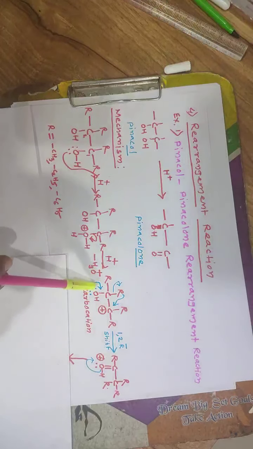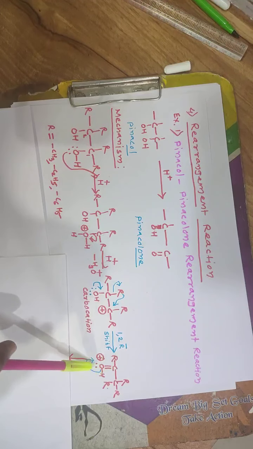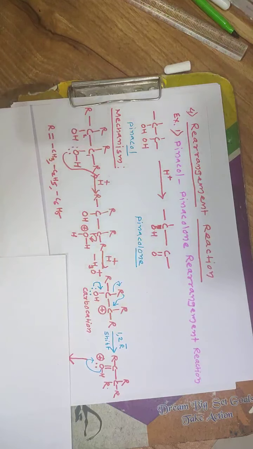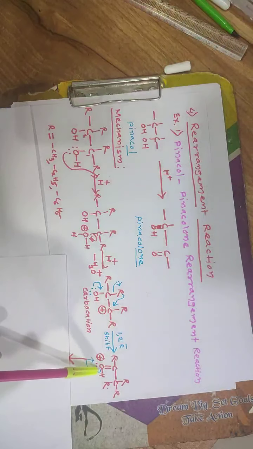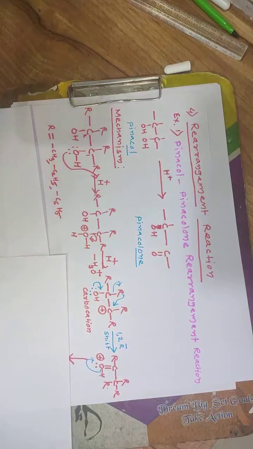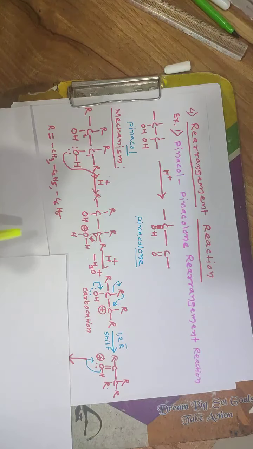Now out of two lone pairs, one lone pair is involved in delocalization. So again there is one lone pair. Oxygen is an electronegative element. It can accommodate negative but not positive charge. So it will try to become neutral.